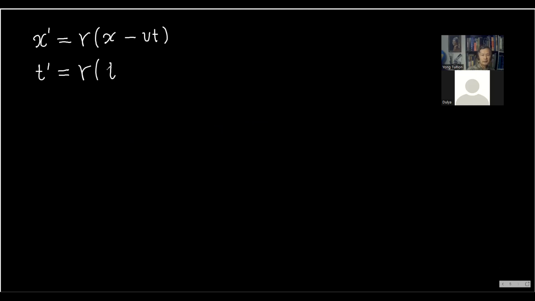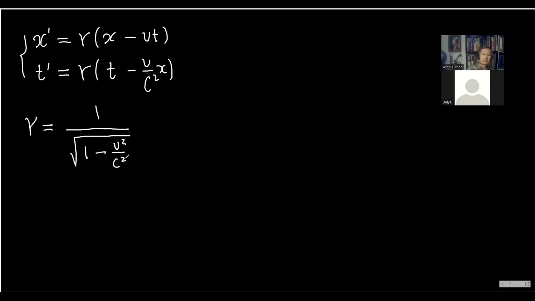This is t prime, minus v over c squared x. So this is the Lorentz transformation. So what is the gamma? I give you the result. Have you seen this gamma factor in your textbook?